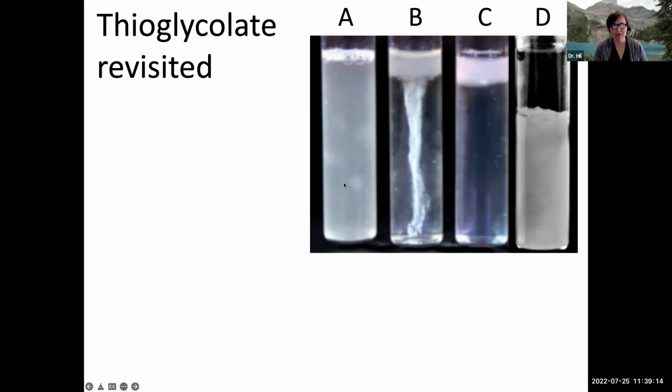These tubes are called thioglycolate tubes, and they help us determine what about an organism? That's right. They help us determine their oxygen preference or oxygen requirement.